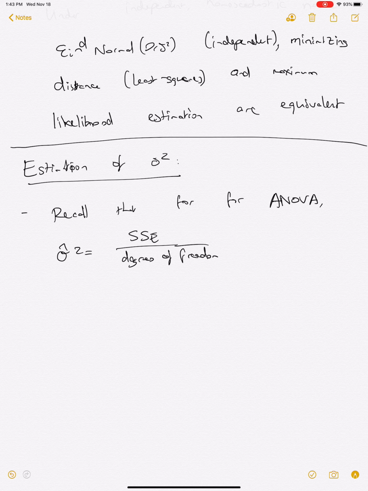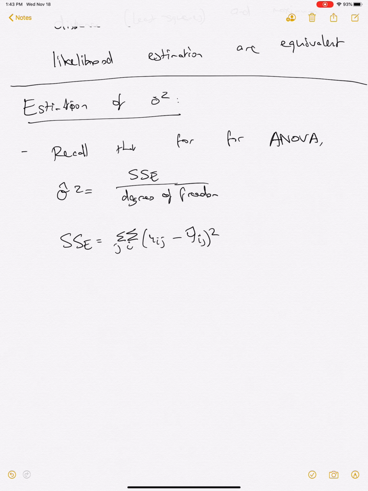And a very similar principle. So SS error is equal to the summation over i, summation over j of yij minus y hat ij squared, where this is the fitted model.